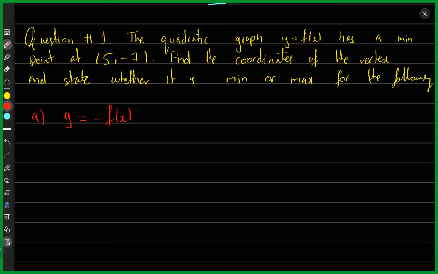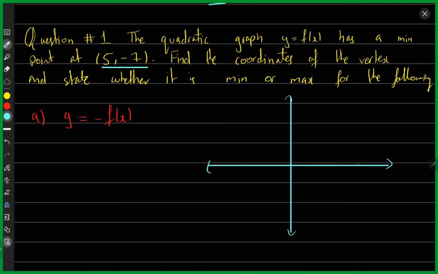They did not give you the original equation of the graph. All you know is it has a minimum point. Let's just think about the scenario. So it is going to be a curve with a minimum point and the coordinates are 5, minus 7.